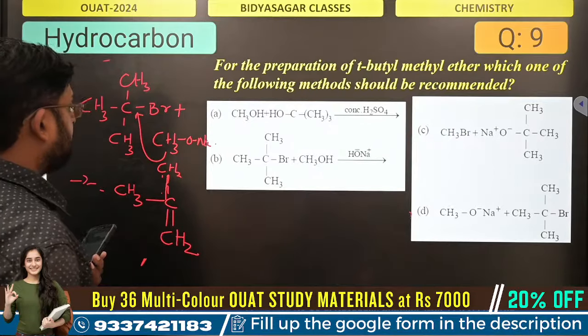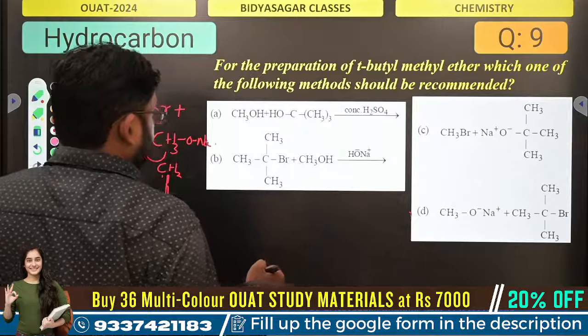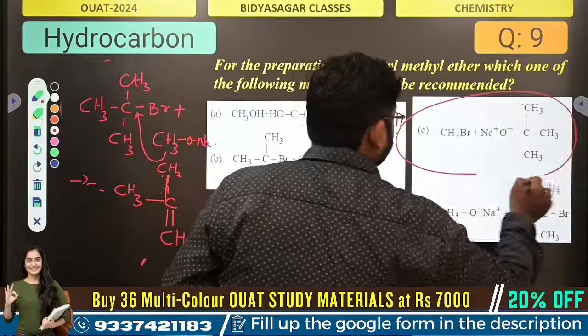It will give you the alkene. So the correct option is B1. Yeah, not C1. This is the correct one.